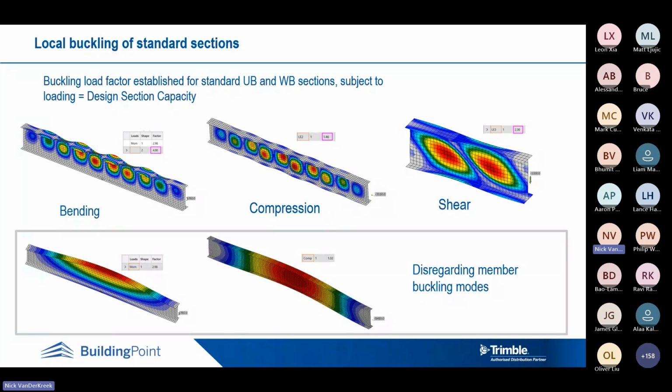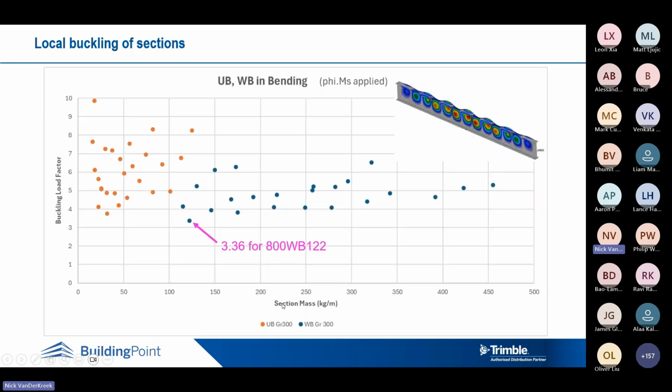For all of the standard grade 300 sections, I applied the design section capacities in bending, compression and shear, and looked at the lowest buckling load factor for local buckling. Sometimes member buckling showed up as the lowest factor or a lower factor. I disregarded those. So in the following results, I've disregarded member buckling. It's, as I say, not of concern for the local connection vicinity for the current topic.